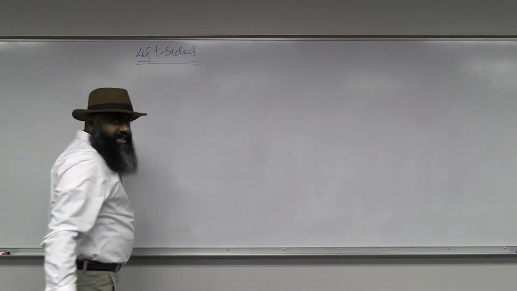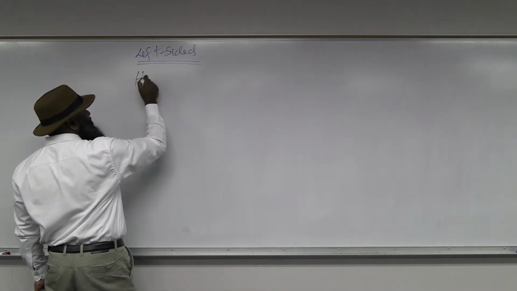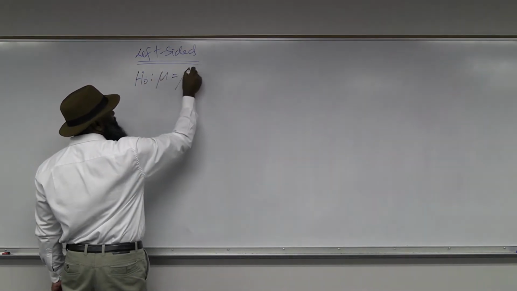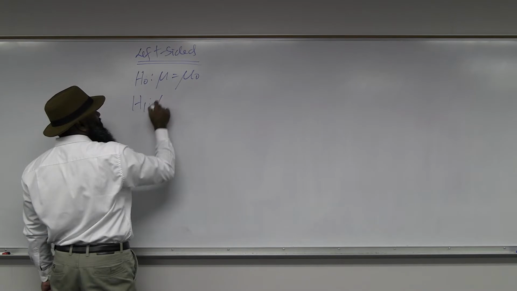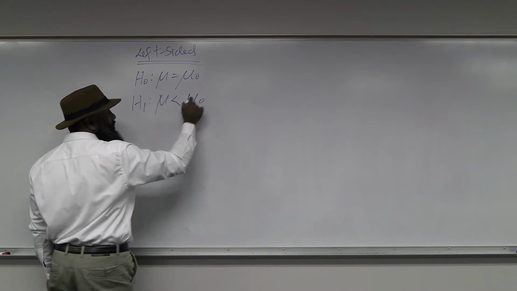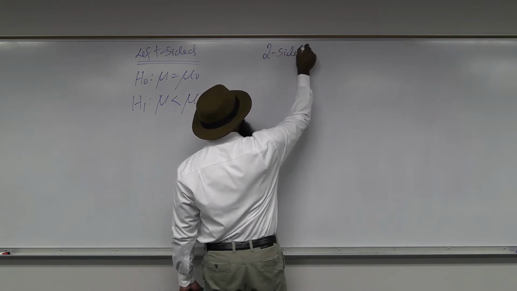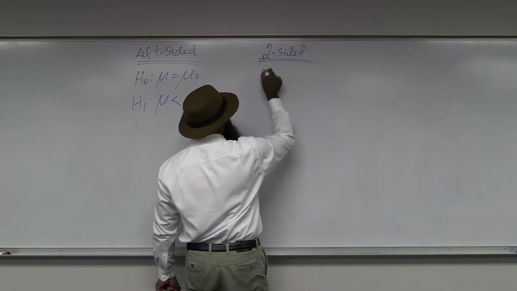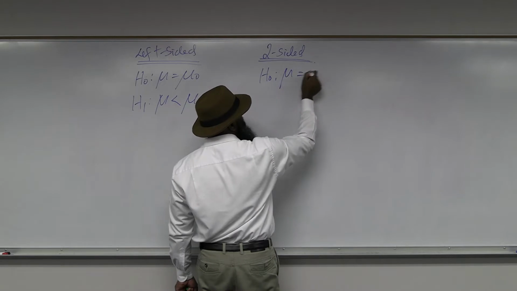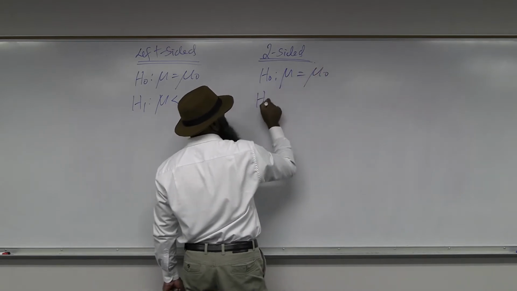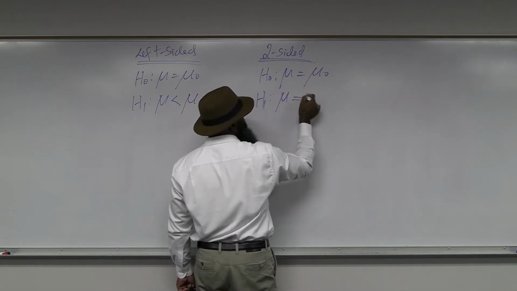A left-sided test can be written as the null hypothesis is mu is equal to mu 0 versus your alternative hypothesis is mu is lesser than mu 0. And a two-sided test can be written as null hypothesis is mu is equal to mu 0 and your alternative hypothesis is mu is not equal to mu 0.